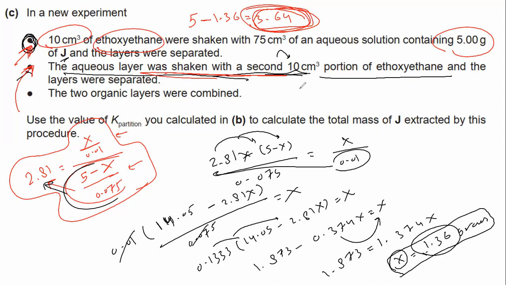So what we are supposed to do now, we found the amount of G in the ethoxyethane layer in the first experiment, and in the second experiment, we will do the same.